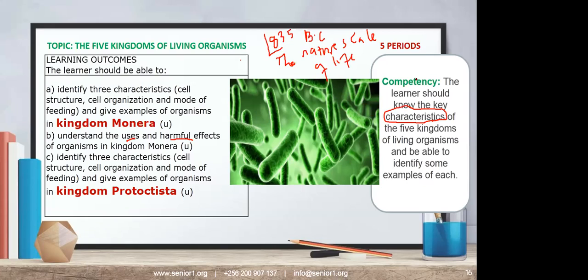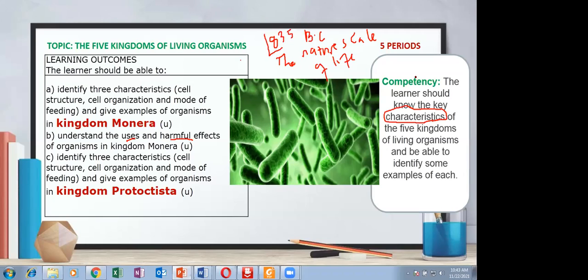Anyone? I'm seeing we're having many people here. You can tell us the meaning of the word characteristic. Yes, Tendo Joy. What does characteristic mean? Things that can show something, where it belongs. Okay, thank you, Tendo Joy. Something which can show where something belongs. Yes, Waninda Joel. Features that identify an organism.